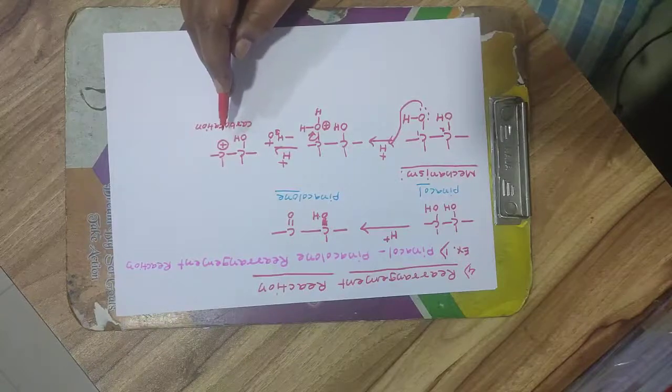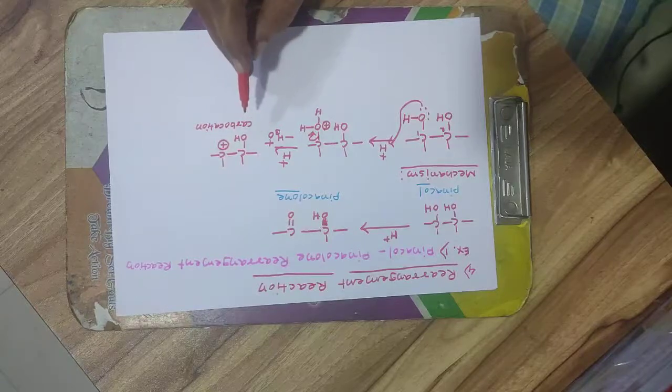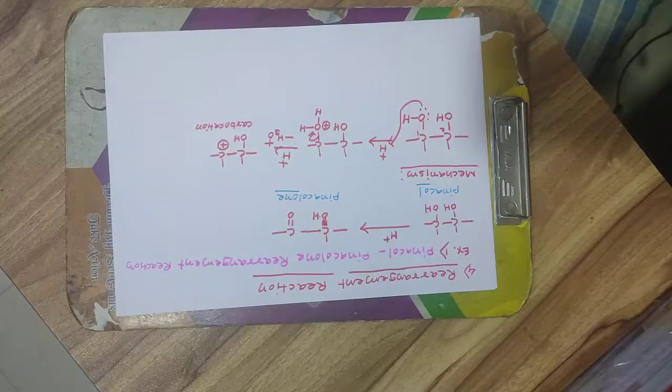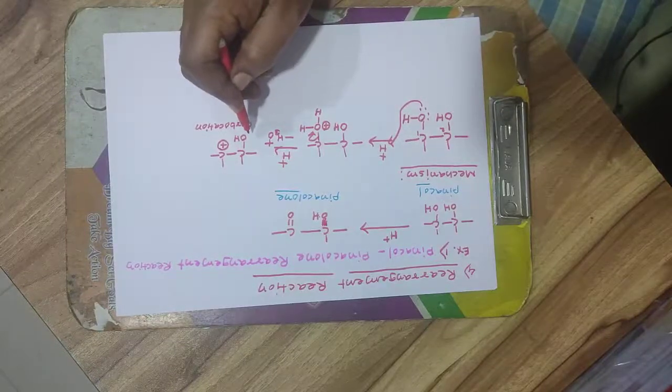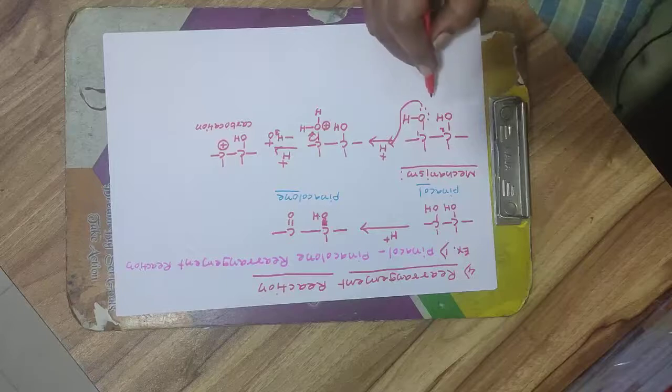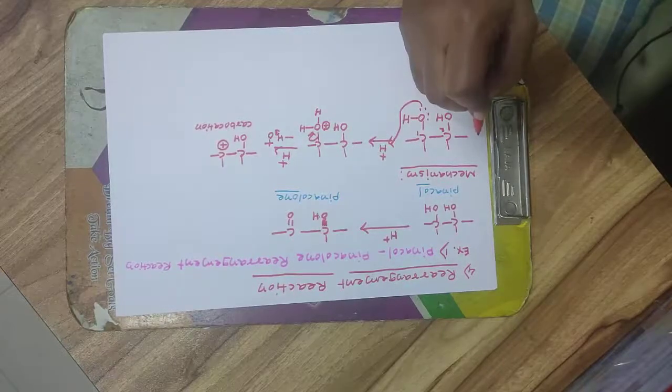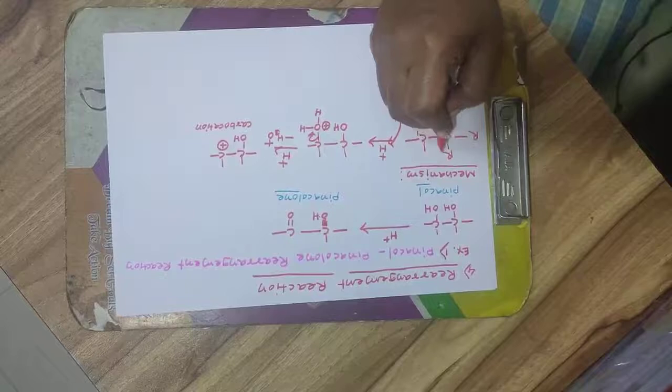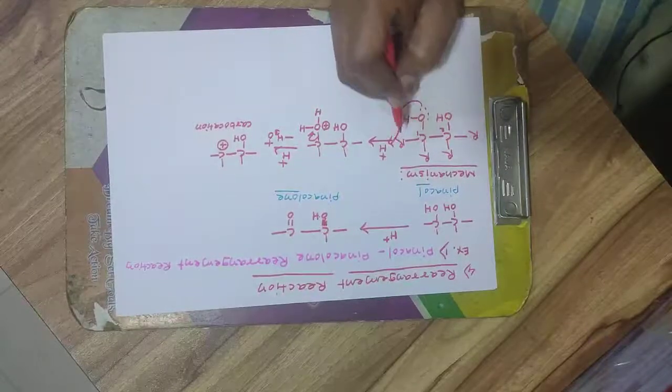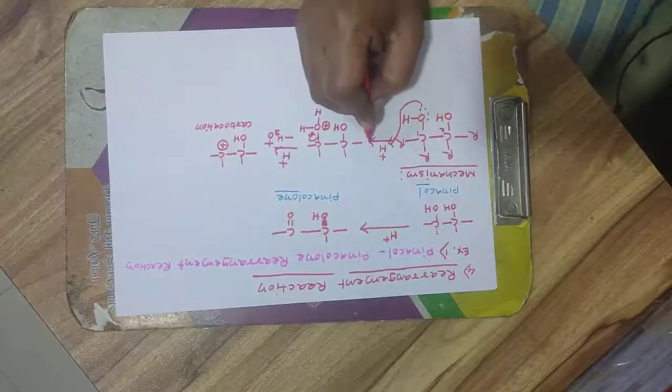Now this carbocation, if structure permits, undergoes further rearrangement. So it is called a Wagner-Meerwein rearrangement, or if structure permits, it will convert into a more stable carbocation. How does it happen? Look here. Here, if I write R, R, R, R, we can take any R, maybe same, maybe different.